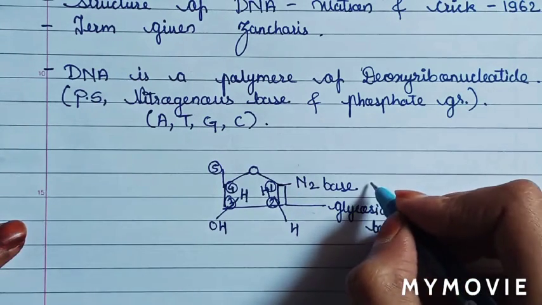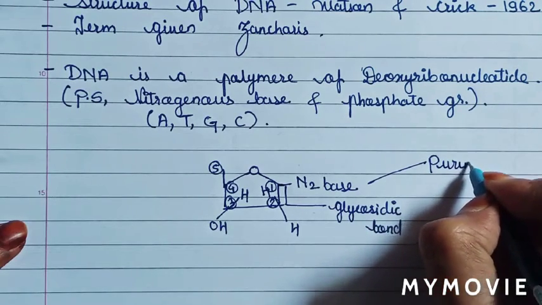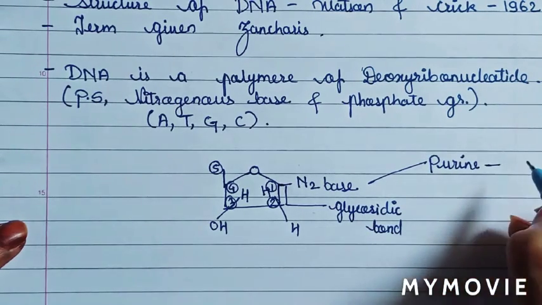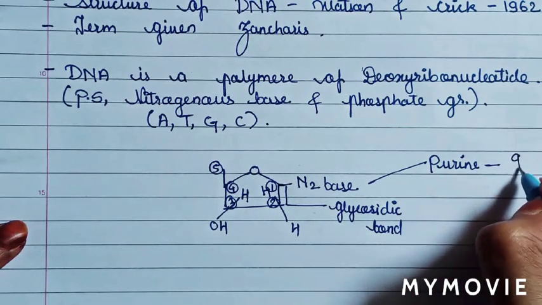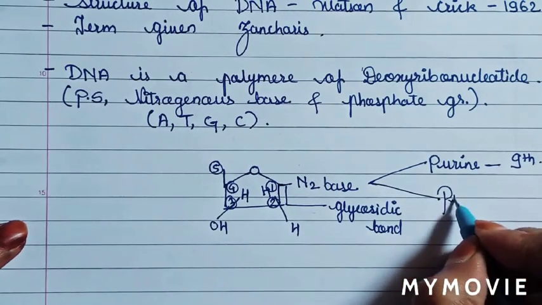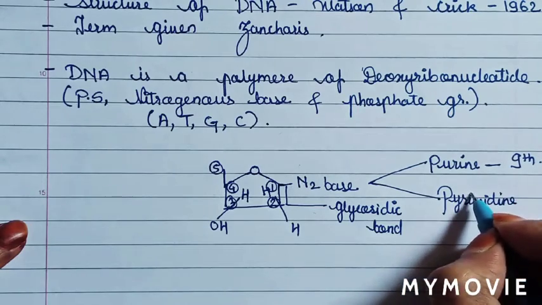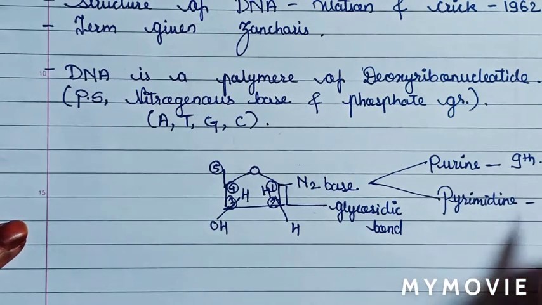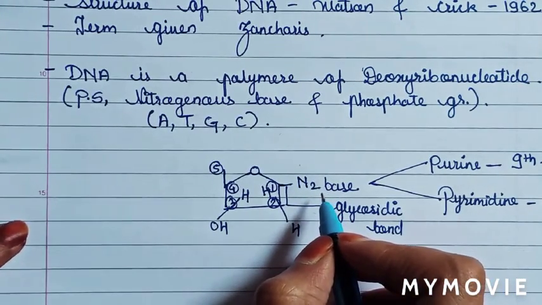If the nitrogen base is a purine, then it forms the glycosidic bond at the 9th position. And if we talk about pyrimidine, then it will form the glycosidic bond at the first position. Okay, so there are two cases on the basis of the nitrogenous base.